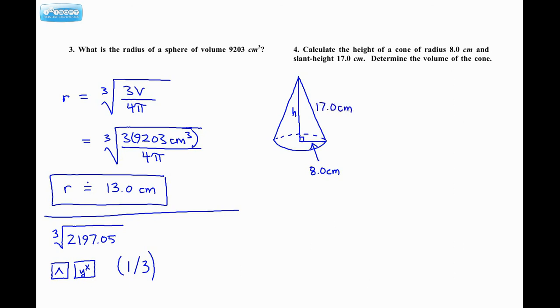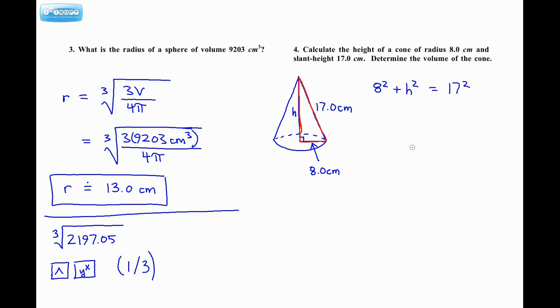Now the slant height is a value that we would use if we were trying to find the surface area, but this is a volume question. So I need the height. Hopefully you can see that I'm dealing with a right triangle, so I'm going to use Pythagoras. I know we're in centimeters, so I'm going to leave the units out for now. 8 squared plus h squared is 17 squared.